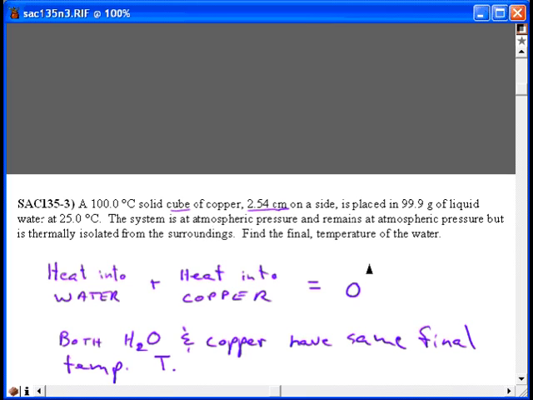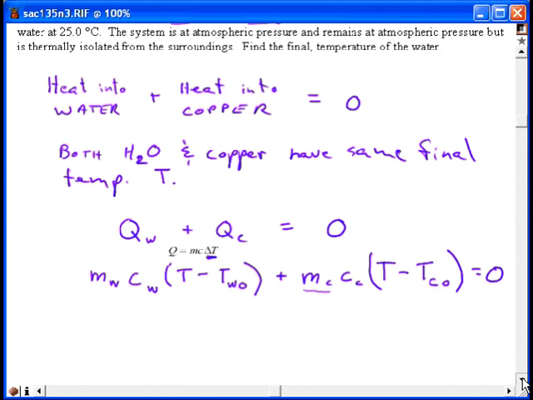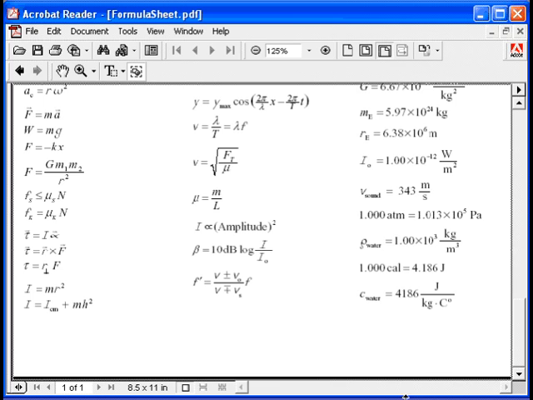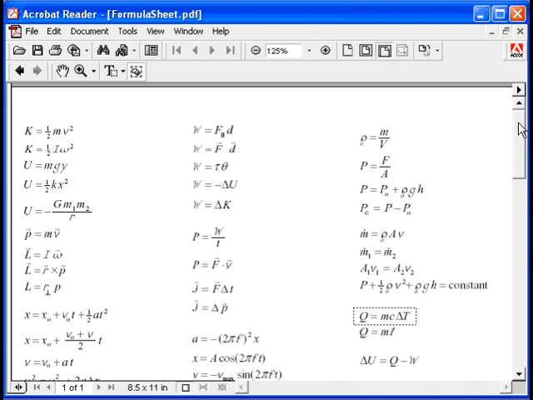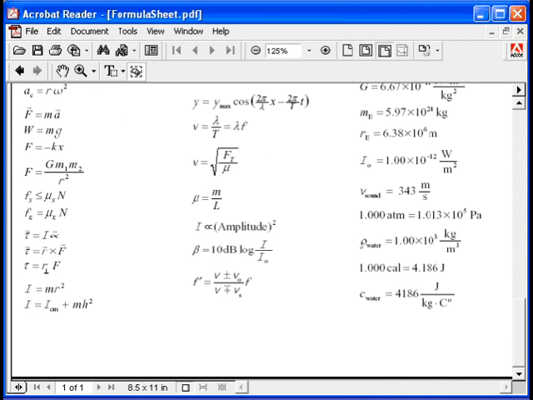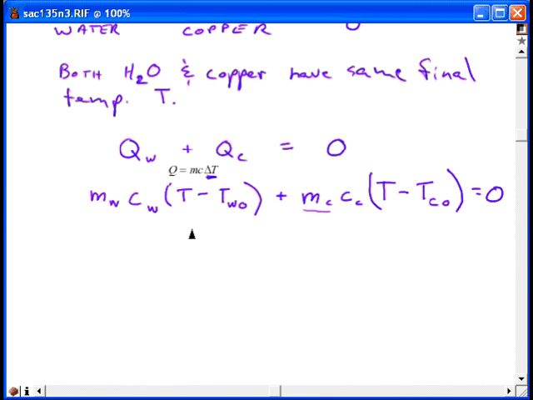So if we know the density of copper, that's something we can look up. We'll look up the density of copper, and from definition, density of copper is the mass divided by the volume, and we can solve that for the mass if we can figure out what the volume is. Kind of a side issue here. The density is equal to the mass divided by the volume, and for us this is going to be true for the copper.